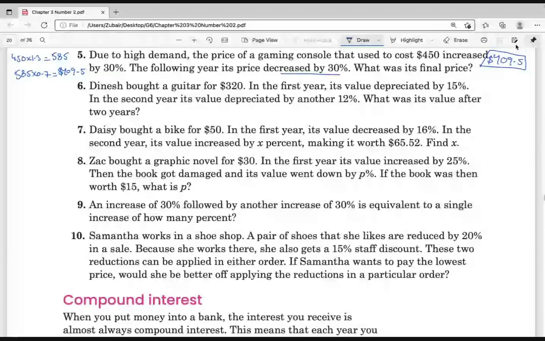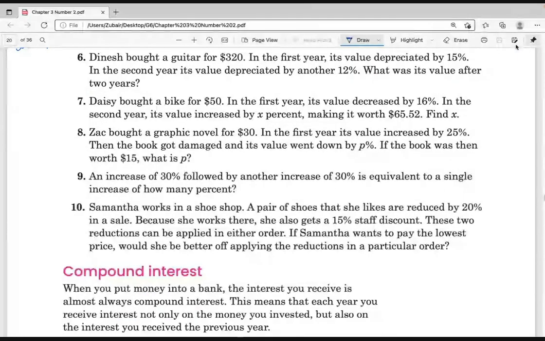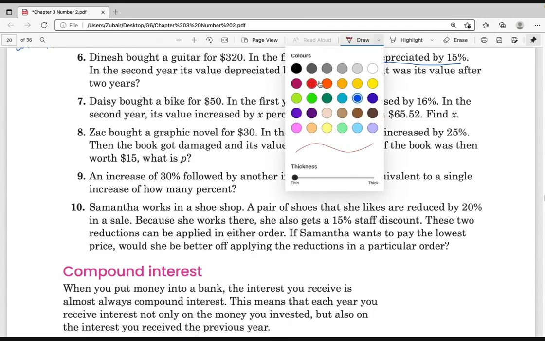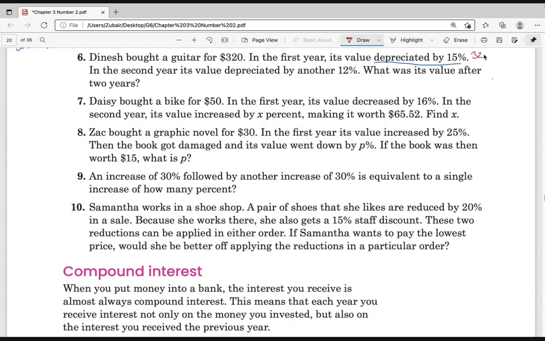Number 6. Dinesh bought a guitar for $320. In the first year, its value depreciated by 15%. So it is decreasing. The remaining value is 85%. So 320 into 0.85. This is the remaining value. In the second year, its value depreciated by another 12%.